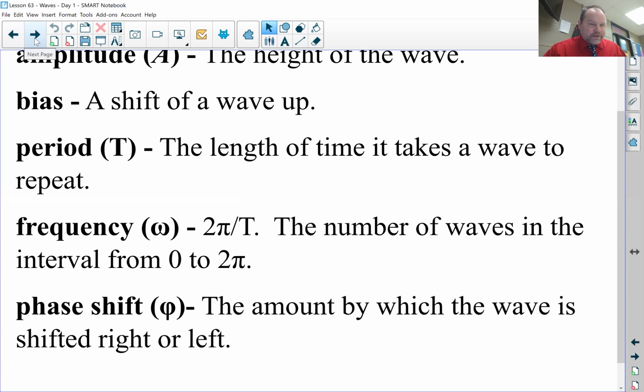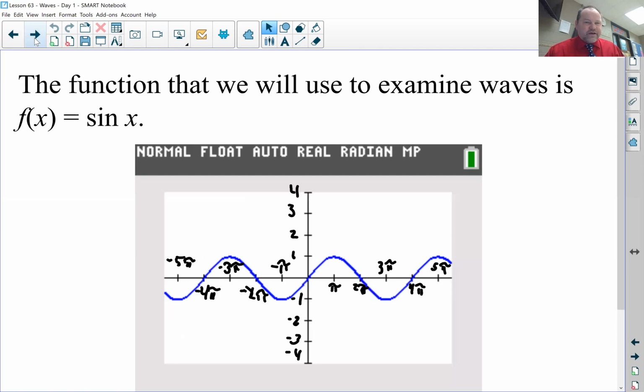So let's take a look at just a general sine graph, and we'll look at these specific values. So this is the sine wave, and the graph here goes from a little bit less than negative 5 pi to a little bit more than 5 pi, and the y axis goes from negative 4 to positive 4.